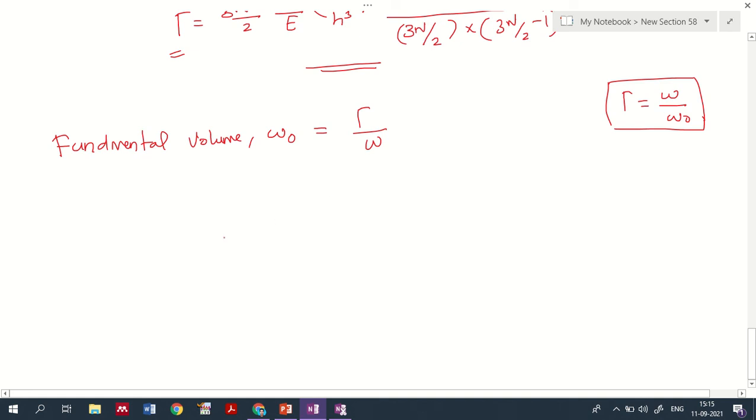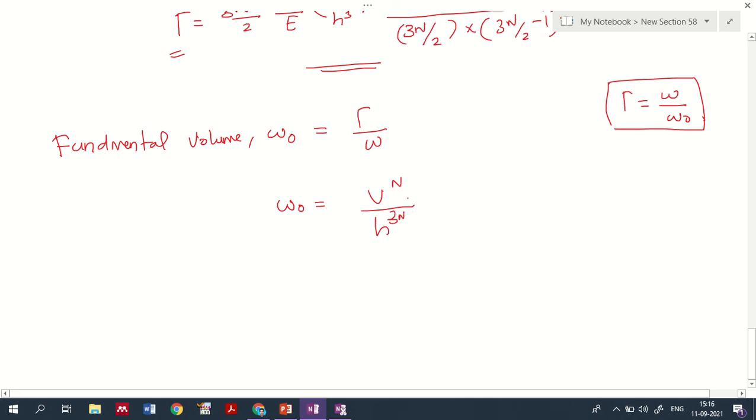Now we already know what gamma is from the above representation. Now I can substitute omega 0 equal to v raised to n divided by h raised to 3n.